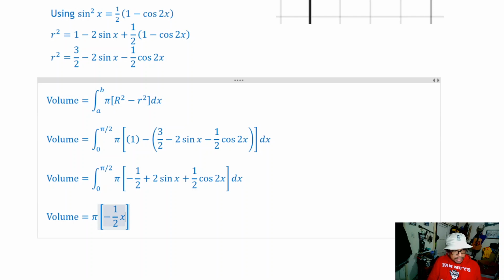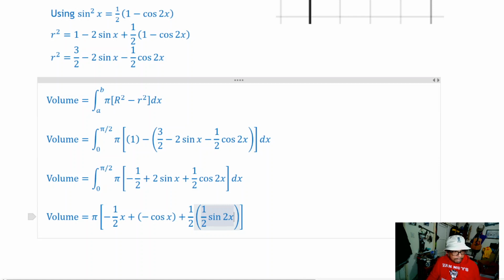Antiderivative of sine is negative cosine. Antiderivative of cosine 2x is 1/2 sine 2x. And that's going to go from 0 to pi halves.